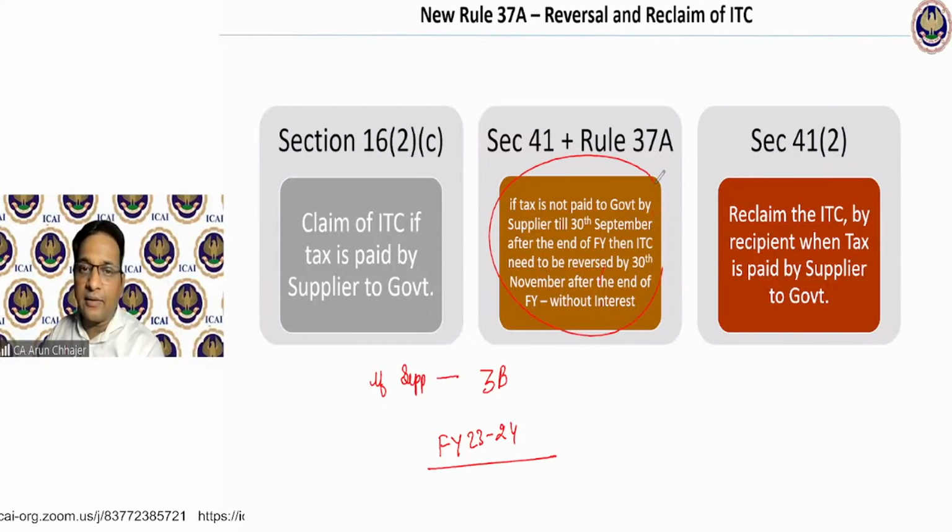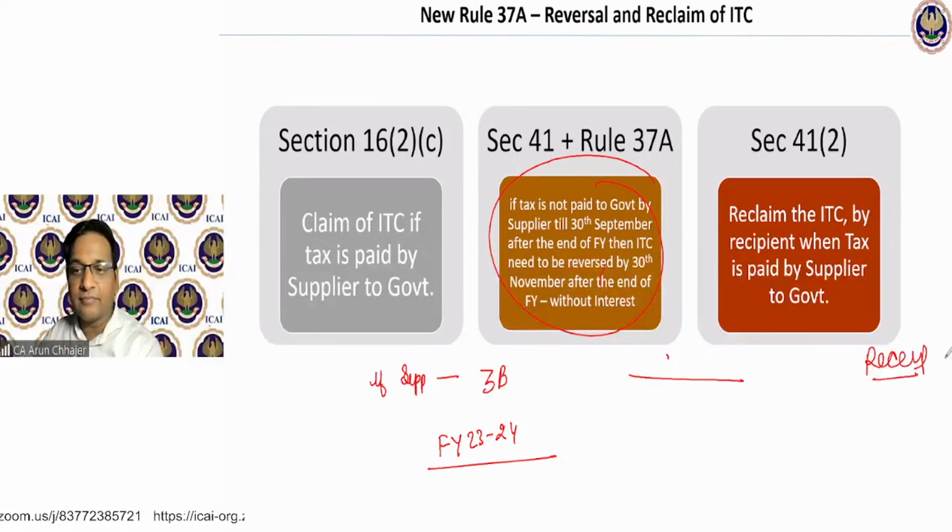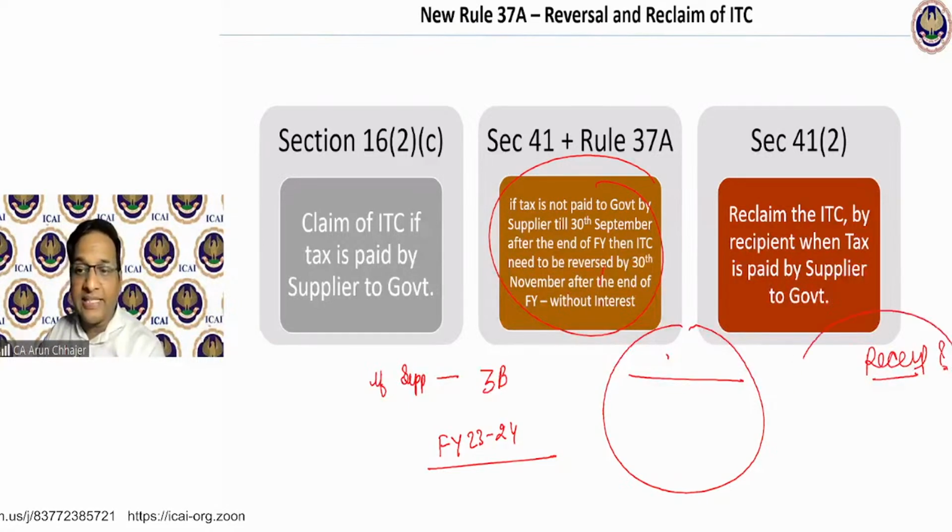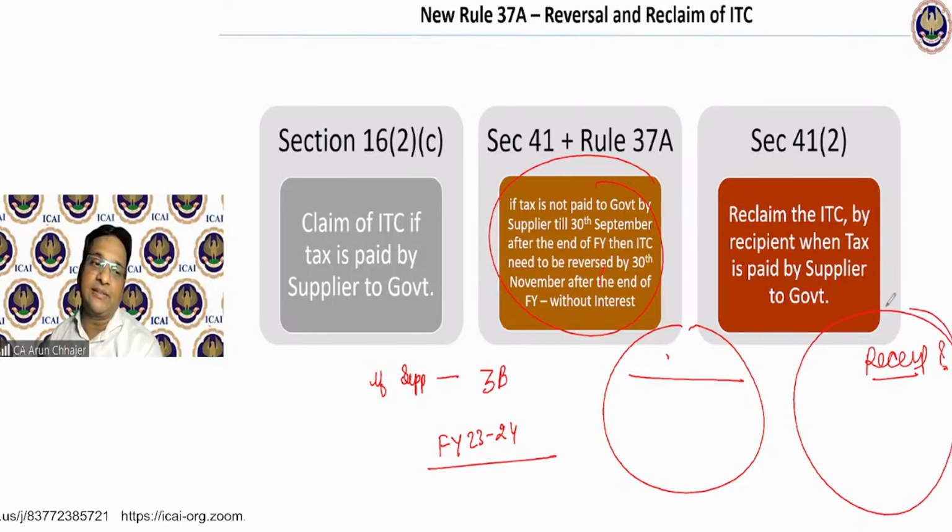Please read the para and then tell me what is the last day to file the GSTR 3B. Till what time, if the supplier does not file the GSTR 3B, does the ITC need to be reversed by the recipient, without interest?